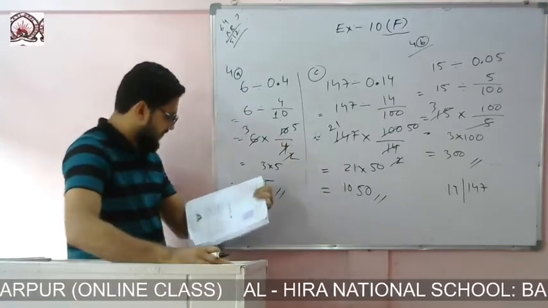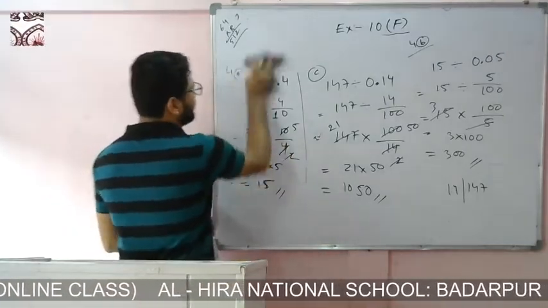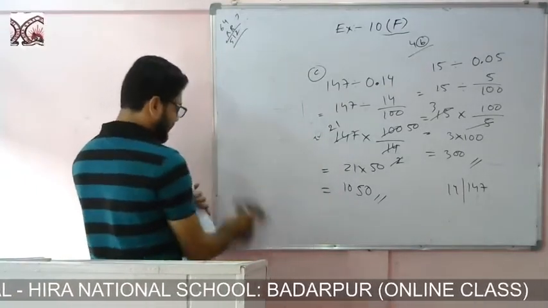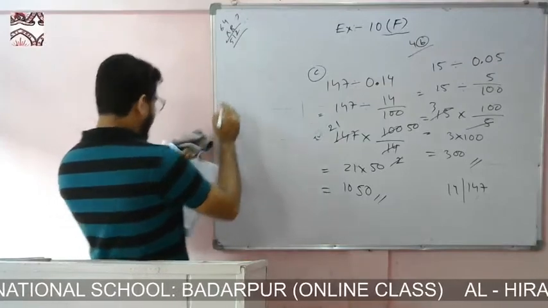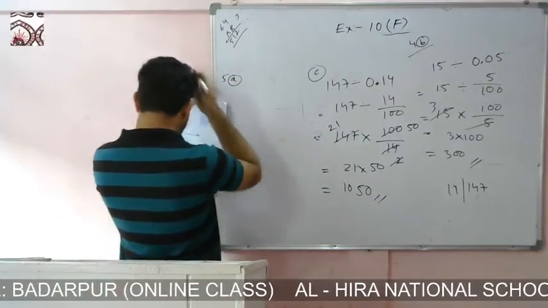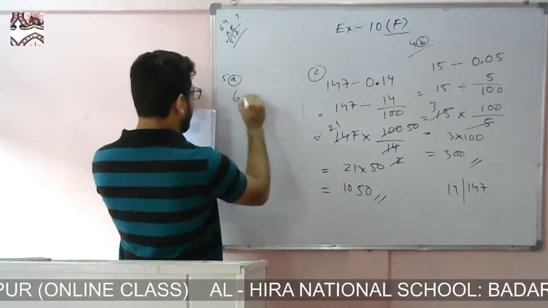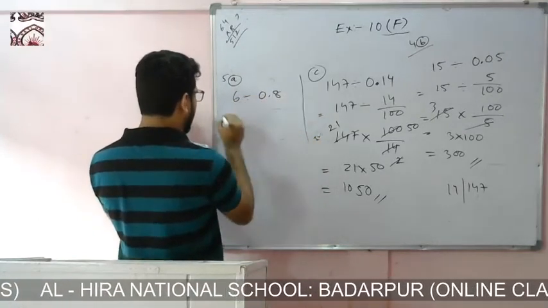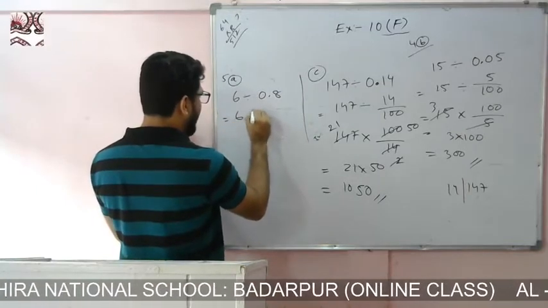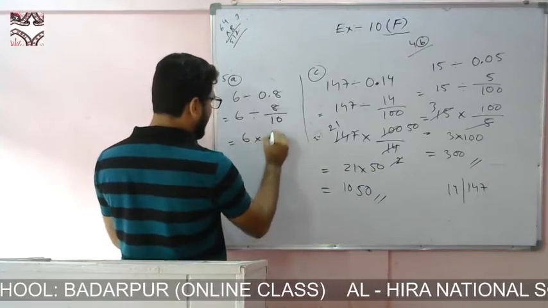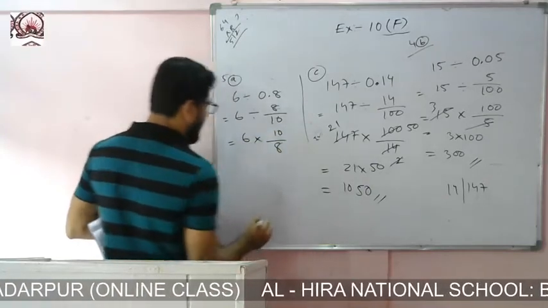Now come to 5. 5a, what is written? 6 divided by 0.8. Okay. That means I can write 6 divided by 8 by 10. So I can write 6 into 10 by 8 as like earlier.